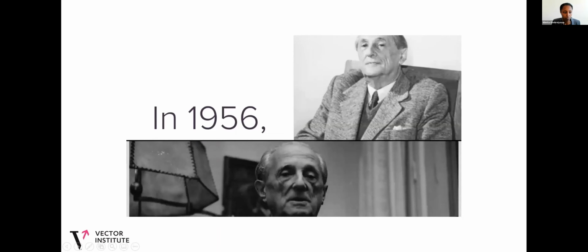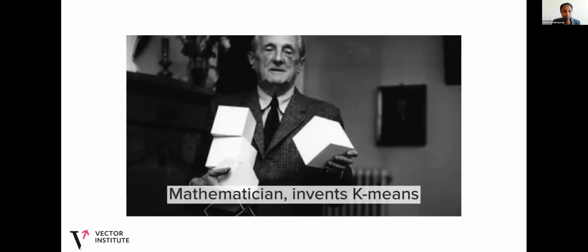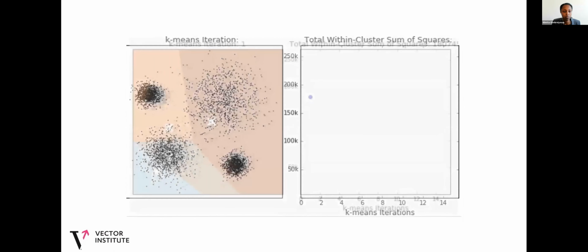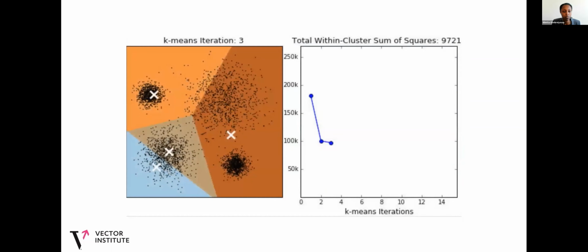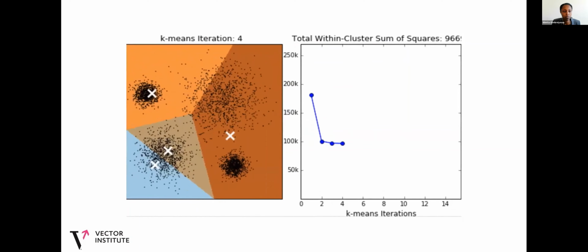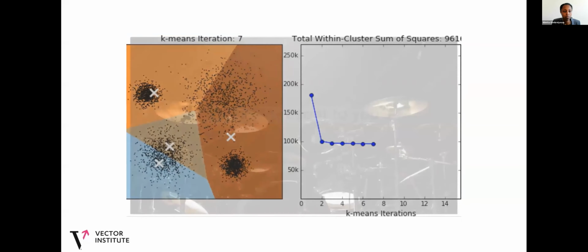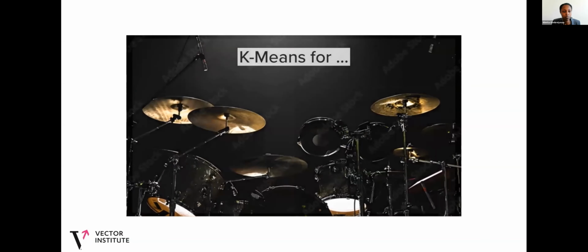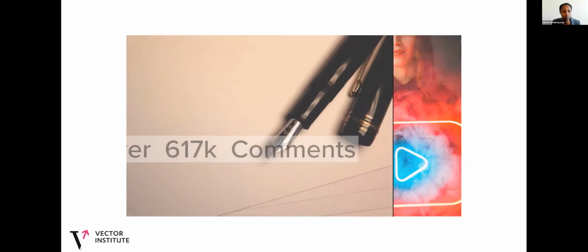In 1956, Hugo Steinhaus, mathematician, invents k-means. Today, I present to you k-means for YouTube's top 5 data science channels.